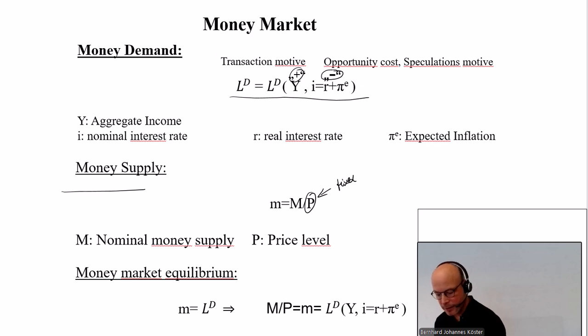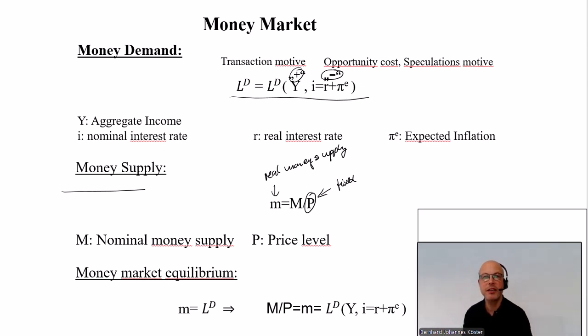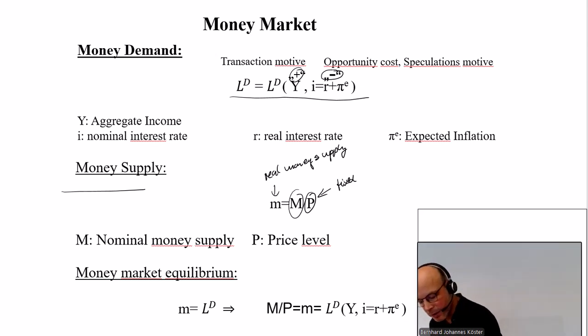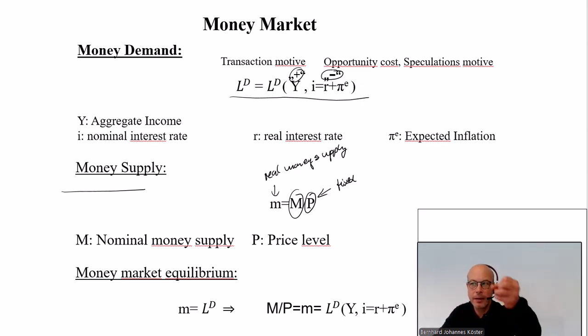And then real money supply is by assumption given, in that we say the central bank can set nominal money. This is printing money, or also via the money multiplier, so that we can set the level of provided money within our economy.